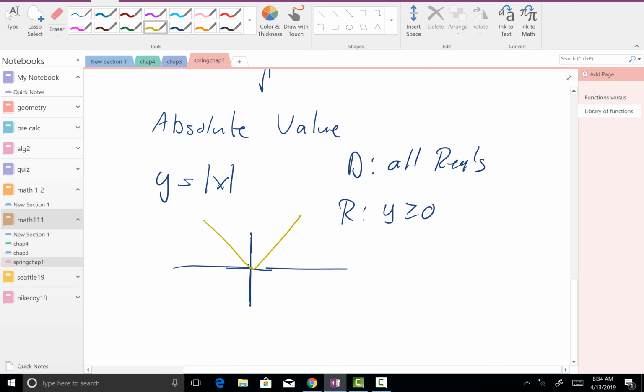Okay? Yeah, because it's 1, 1, 2, 2, 3, 3, negative 1, 1, negative 2, 2, negative 3, 3. So yeah, you get a nice 45-degree angle there. Okay? So again, there's absolute value. They mentioned that one in there.